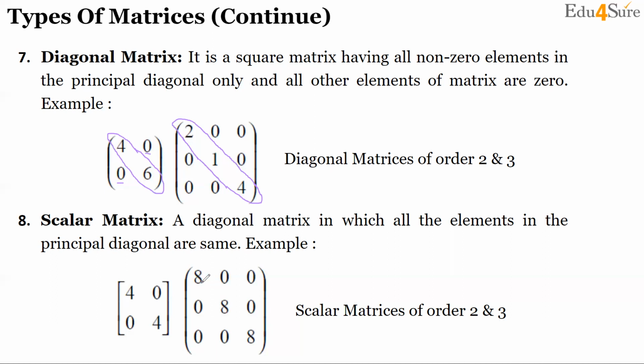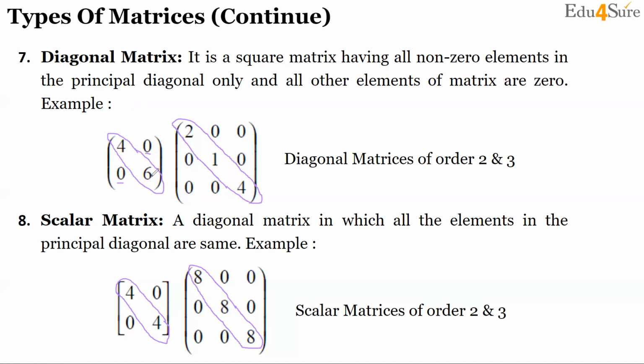So in a scalar matrix the diagonal elements are non-zero and the same.